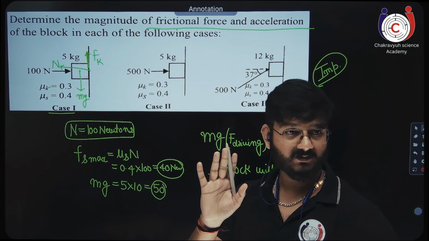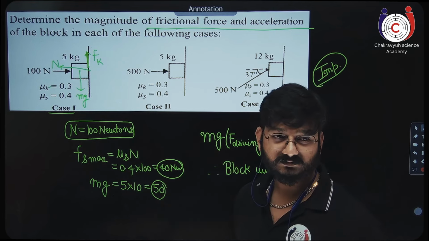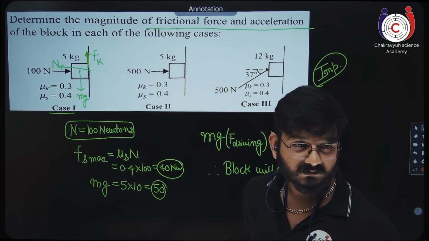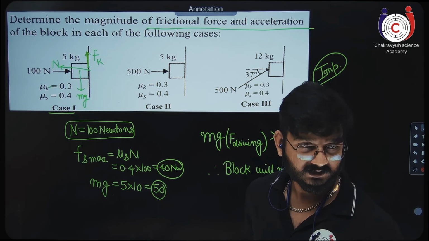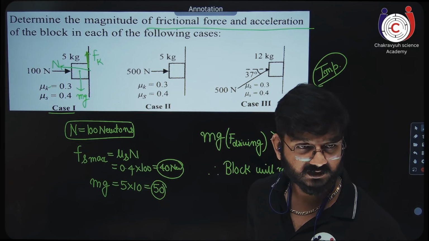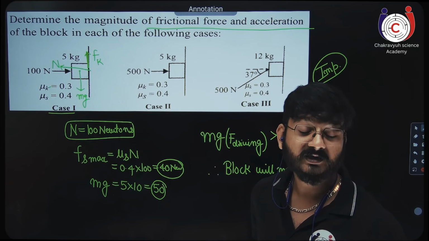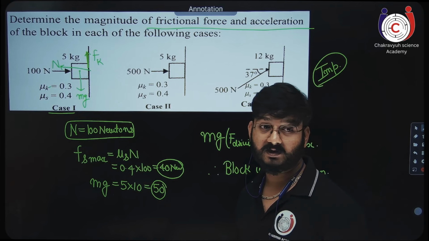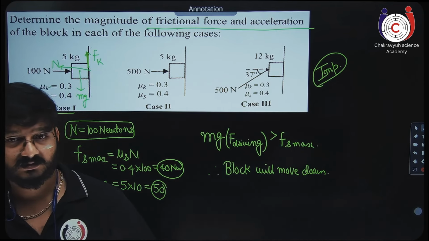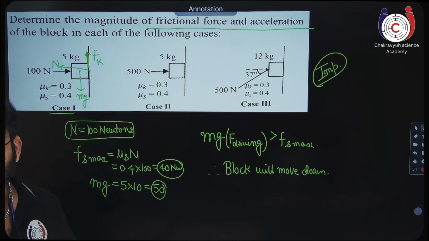Any problem? Anyone? If it comes equal, also I'll use Fk. Less than, no, obviously. It should be greater than or equal to, I use not less than. But it was having a tendency to move, right?